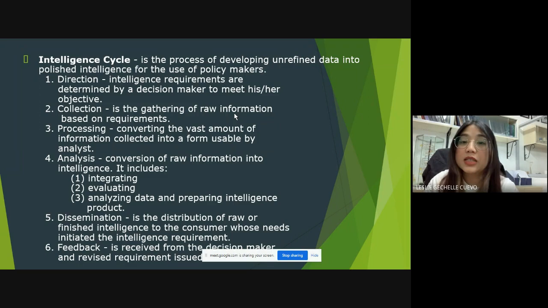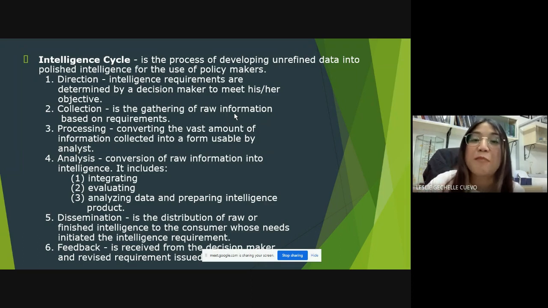Collection is the gathering. Collection nga eh. Di pagkuha yan. Gathering of raw information based on requirements. Then we have processing. Converting the vast amount of information collected into a form usable by analysts. Then we have analysis, conversion of raw information into intelligence. It includes integrating, evaluating, analyzing data, and preparing intelligence product.